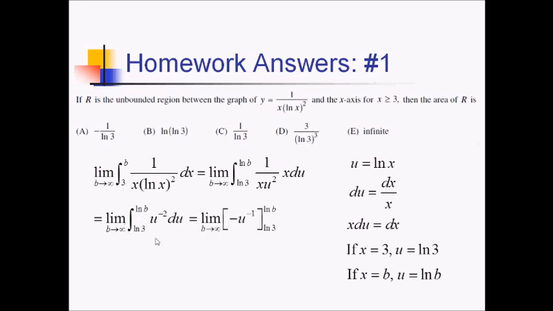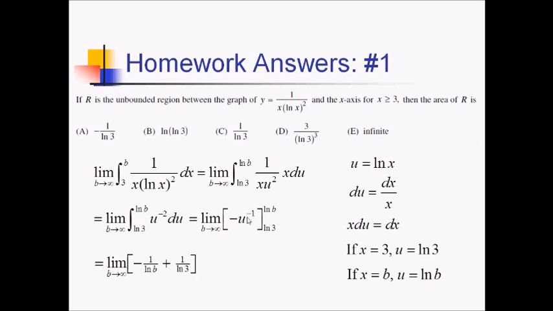Still have this limit hanging around. Now it's time to actually plug these things in. So I've got, and this is really just negative 1 over u, if I write that as a fraction, which I'm going to do now because it's a little more helpful to see it that way when you're evaluating. So I've got negative 1 over ln of b, and then I'm going to have plus 1 over ln of 3.